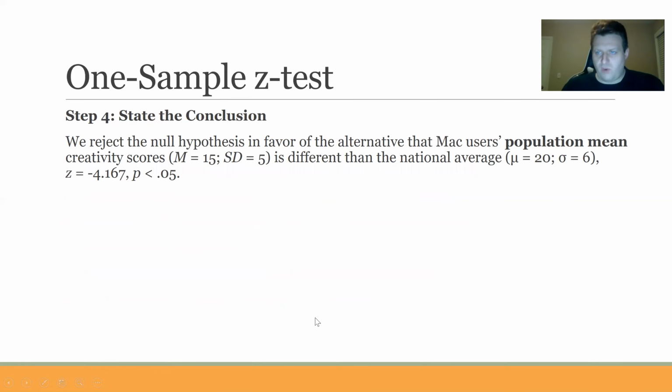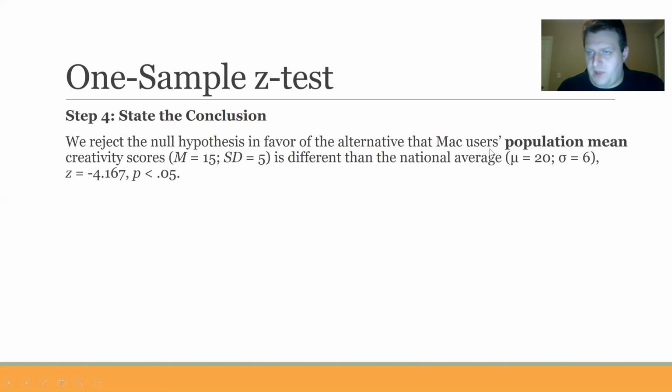Okay, so let's talk about what we want to do for step 4. We say we reject the null hypothesis, that's part 1, in favor of the alternative. And we want to explain the alternative hypothesis in English: that MAC users' population mean creativity score is different than the national average.